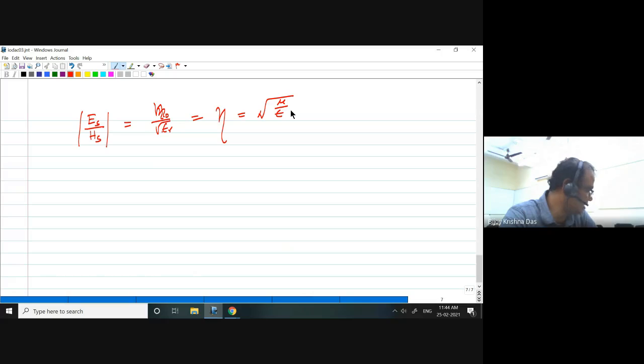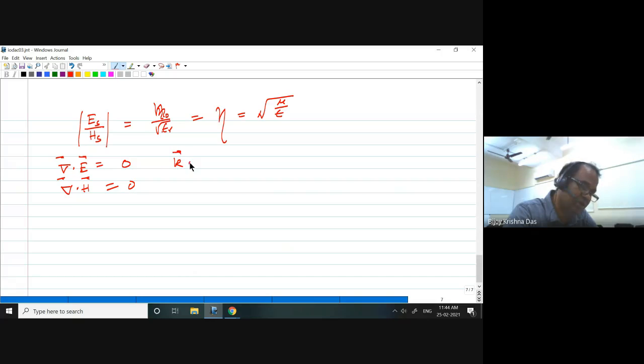Similarly, from the divergence equations, in a homogeneous medium, divergence of E equal to 0 and divergence of H equal to 0. In that case, we can also show that K dot E equals 0 and K dot H equals 0. So that means your K vector is simultaneously perpendicular to both the electric field and the magnetic field.